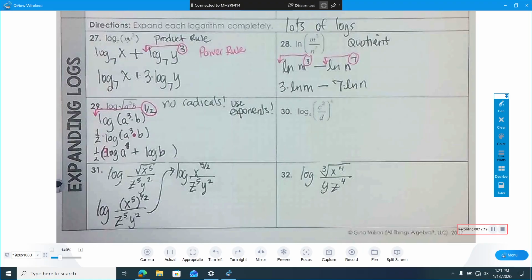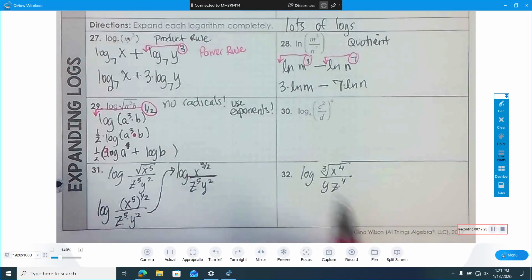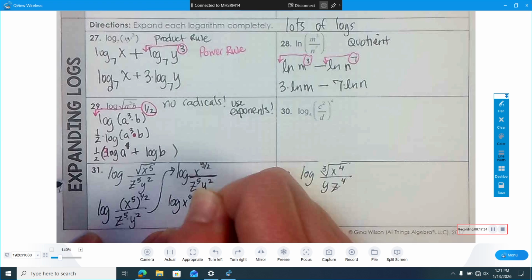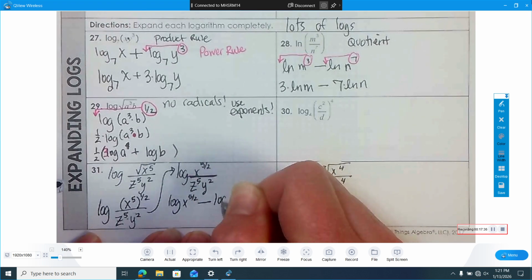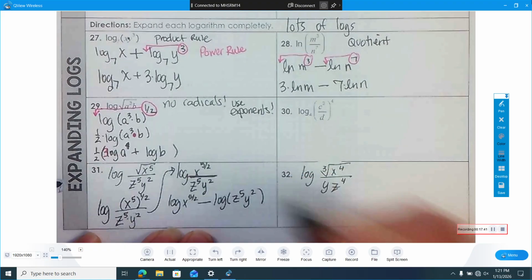What operation can we deal with first here? Quotient, yeah. So I have the quotient rule here, which allows me to do what to the logs? Subtract the logs, all right? So I'm going to have log of x to the 5/2 minus log of z to the 5th y squared.